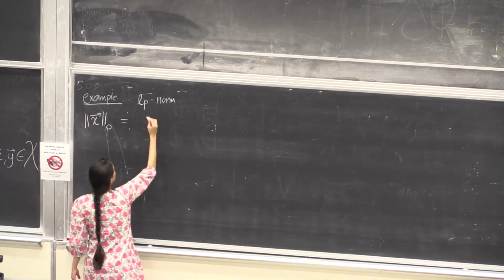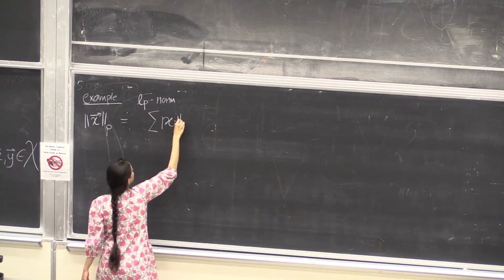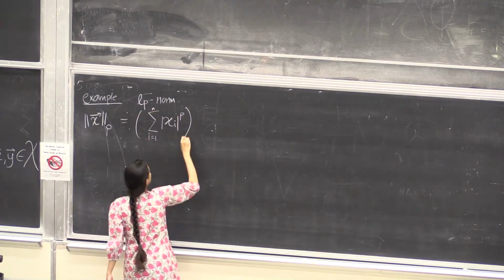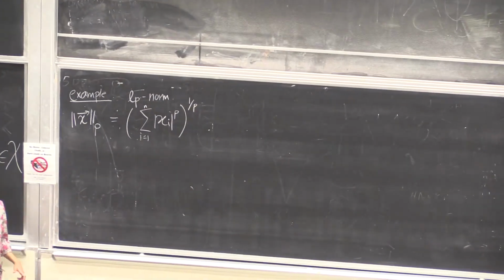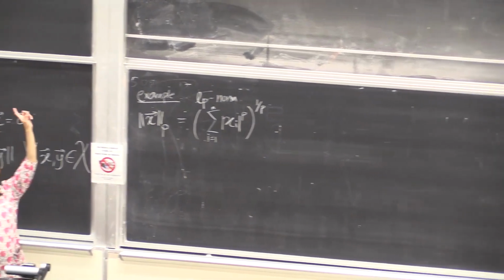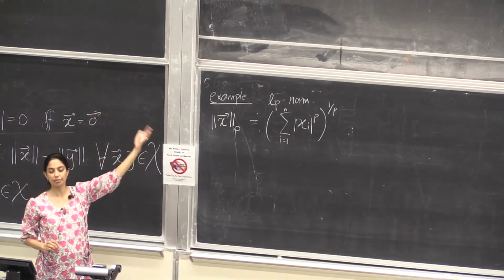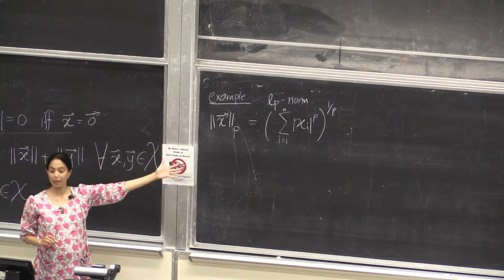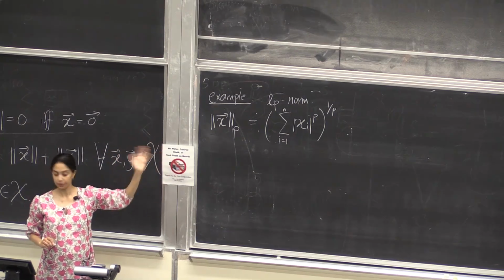And what I'm going to say is that now I take this xi to the P, sum them up to n, and then I'm going to take the pth root of this whole thing. Okay? So if I substitute P equal to 2, I recover the familiar object, right? But this is now a generalization. Instead of thinking about just the square root and taking the sum of the squares, I can think about many different things. Okay? So P can take any real value in this.